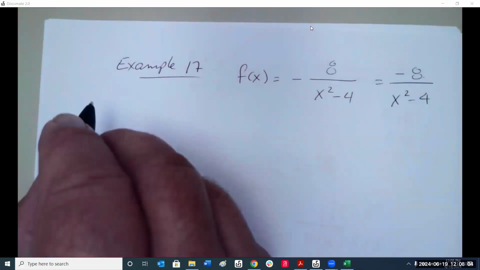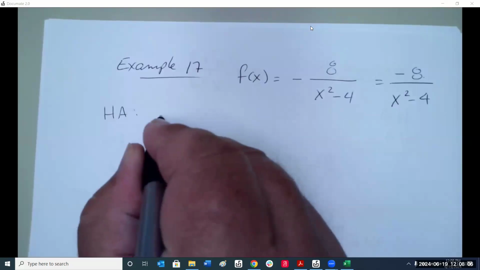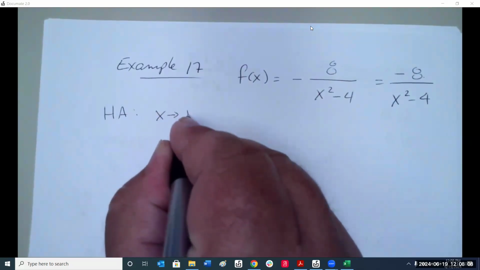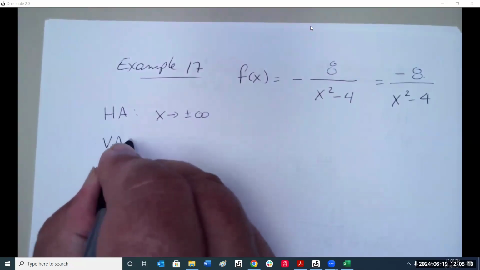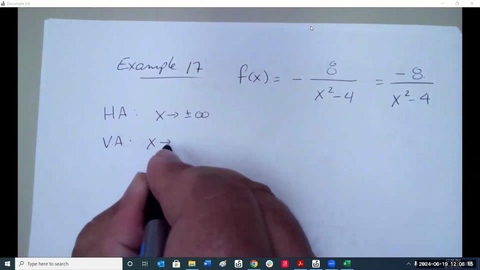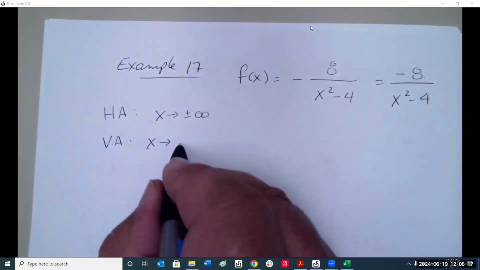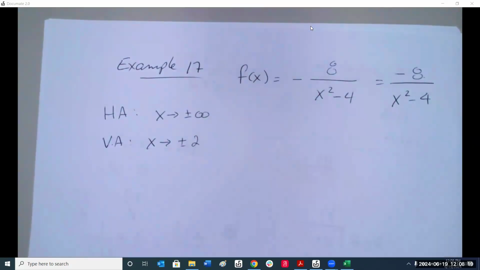So remember, for the horizontal asymptotes, we're looking as x goes to plus and minus infinity. The vertical asymptote is where x approaches plus or minus 2, where you set the bottom equal to 0.